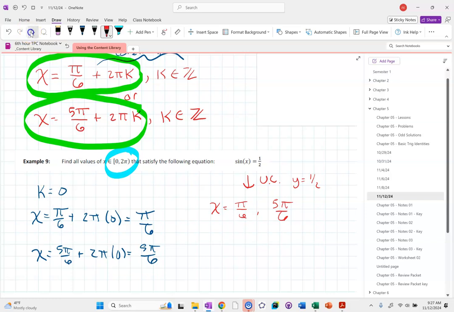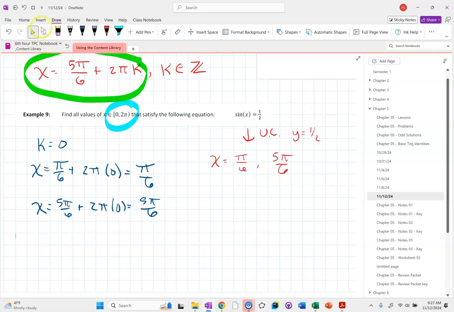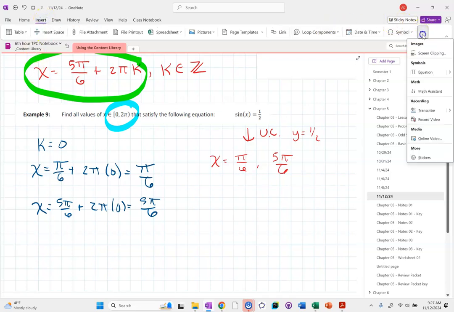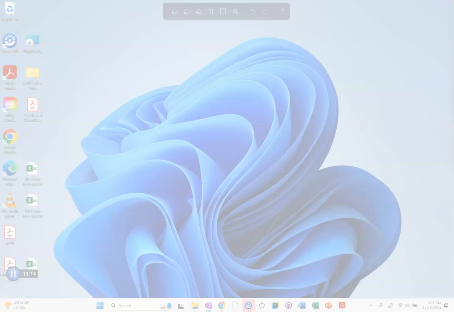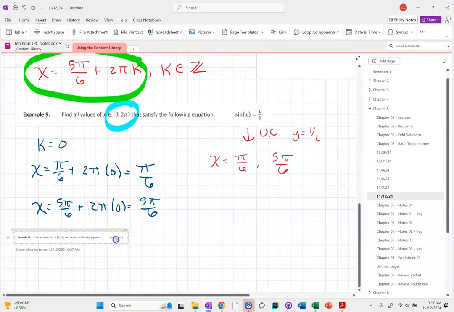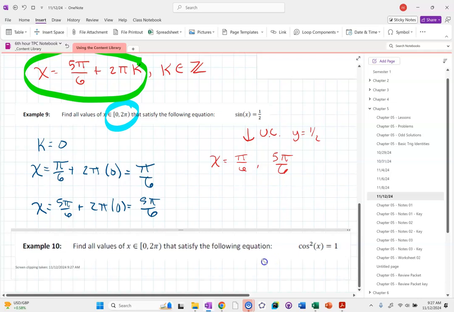The other new thing that'll happen is that maybe your problem won't be ready-made to go to the unit circle. Maybe you might have to do some algebra to it before we can go to the unit circle.